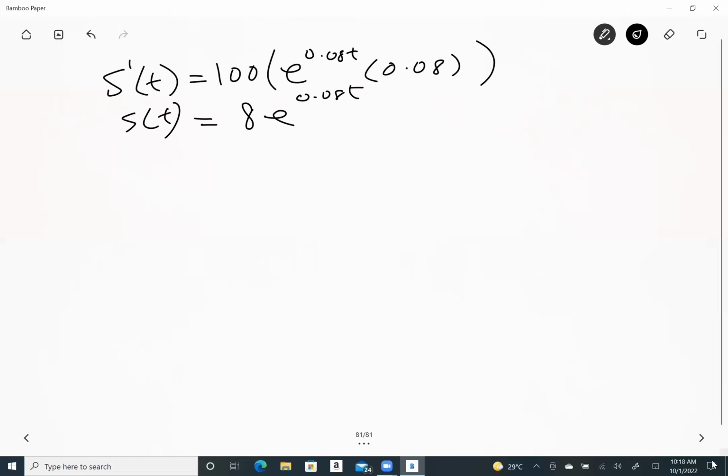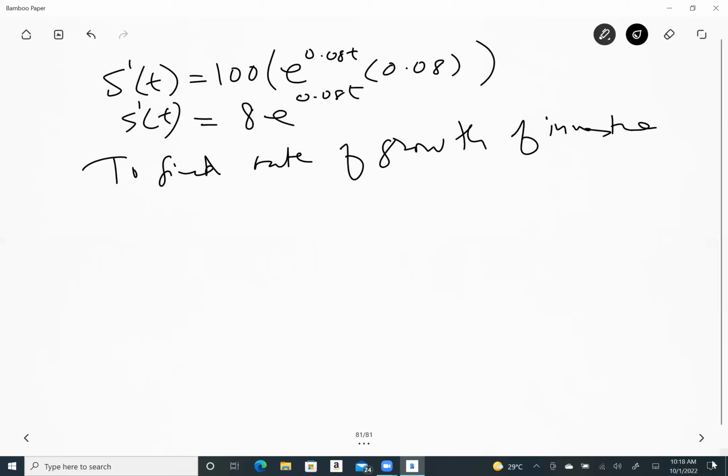So to find the S prime, to find the rate of growth of your money or your investment, what do we do? We substitute the T into what? Into S prime.